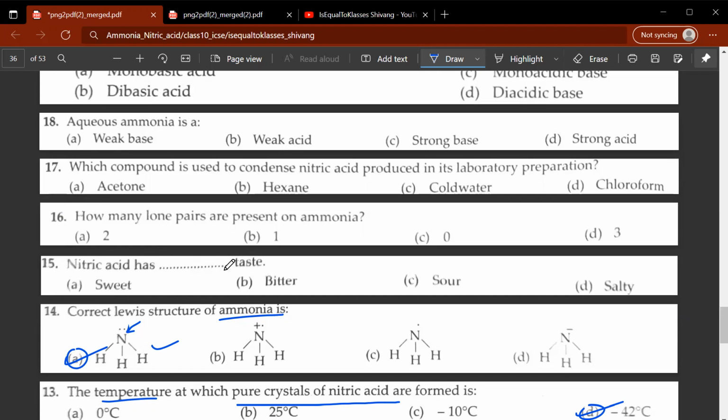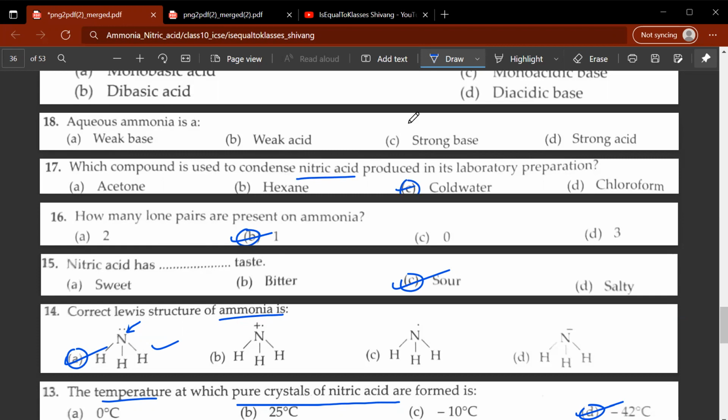Nitric acid has sweet, bitter, sour, or salty taste. This would be C, sour taste. How many lone pairs are present on ammonia? One. Which compound is used to condense nitric acid produced in its laboratory preparation? C, cold water.